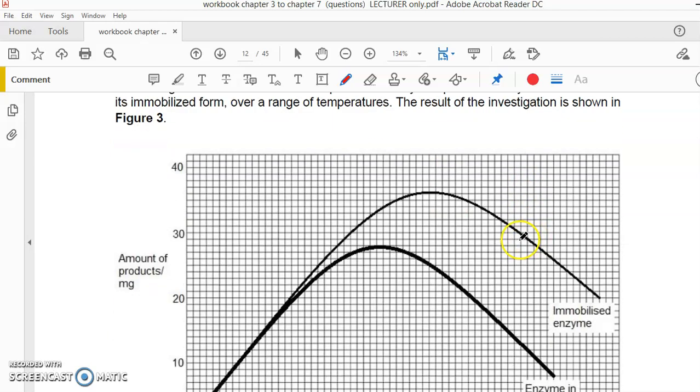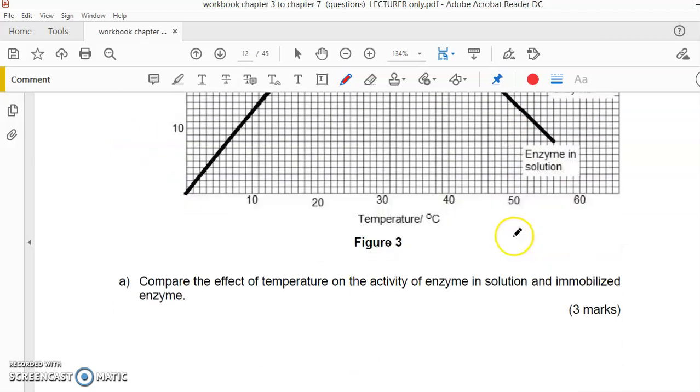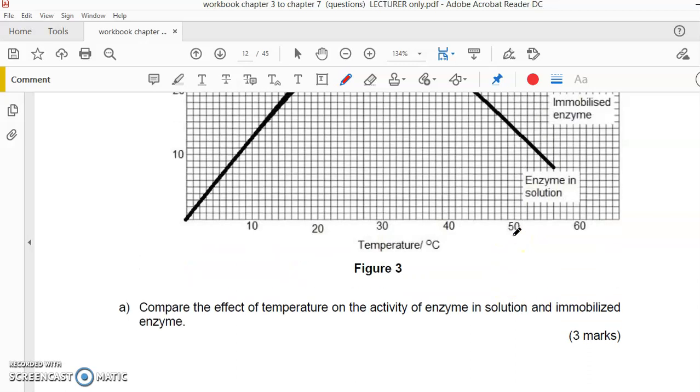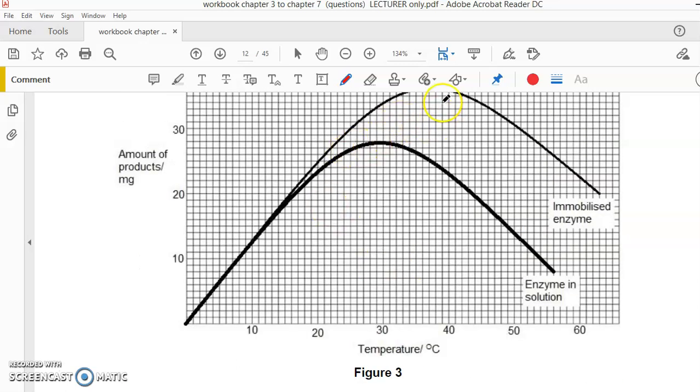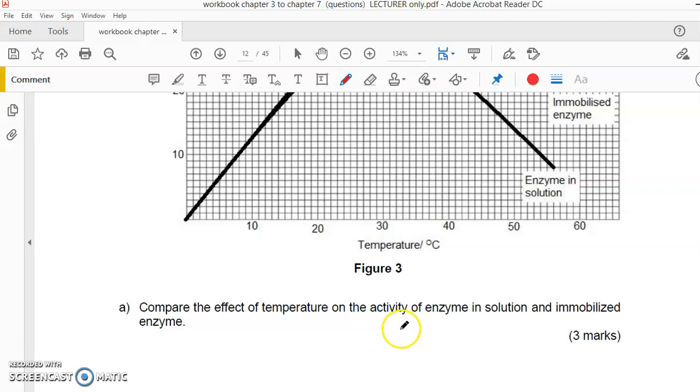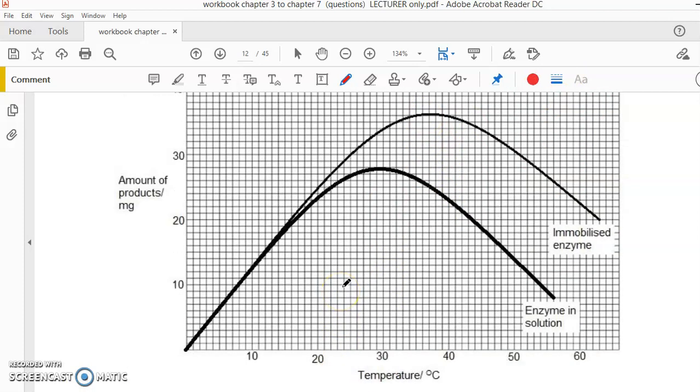So the results have been shown in this figure 3. So what you need to do by looking at these two curves, you have to compare the effect of temperature on the activity of enzyme in solution and immobilized enzyme. So there are many things that you can interpret from this graph.